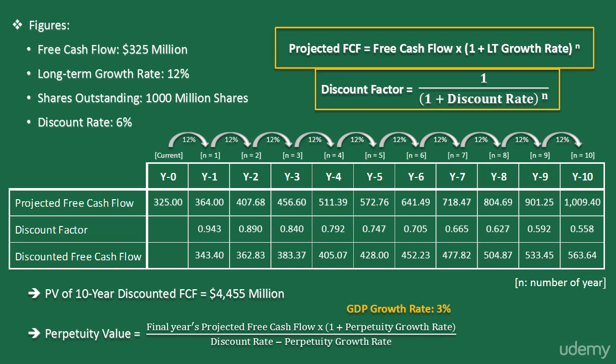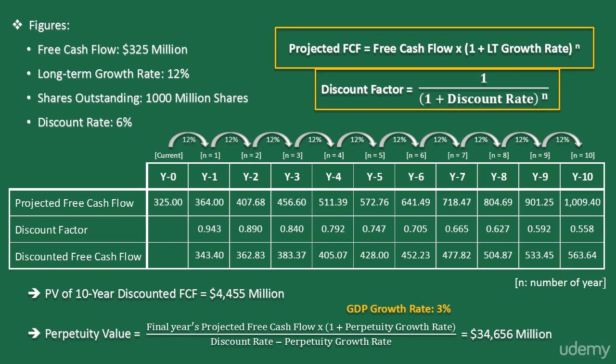Now that we have the final year's projected free cash flow of $1,009.40, the perpetuity growth rate of 3%, and the discount rate of 6%, we just need to follow the formula to estimate the present value of perpetuity value of the stock in question. So, we'll have the present value of about $34,656.